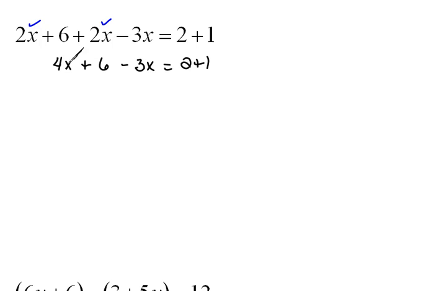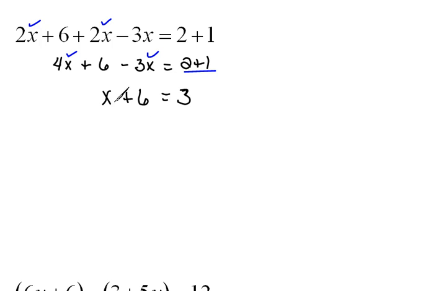I'm just going to take a little secondary step just to make sure everybody sees where this is coming from. So now I can put together my 4x and my negative 3x, which would be 4 minus 3 is 1, so that would be x plus 6 equals, now I can go ahead and put these two together also because they're just numbers. 2 plus 1 would be 3.